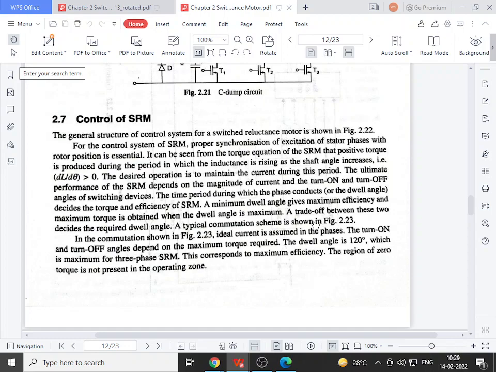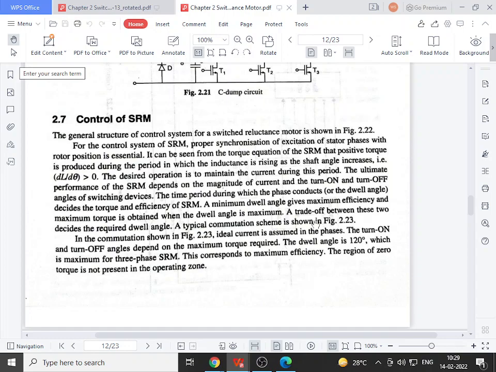Okay. So for the control of SRM, first of all there should be proper synchronization between the excitation of a stator phase and the rotor position, because in the very first lecture I told that SRM is nothing but a simple variable reluctance stepper motor, but the basic difference is that SRM always works under closed loop condition. So whenever we run a variable reluctance stepper motor in closed loop condition, that working is similar to your switched reluctance motor.